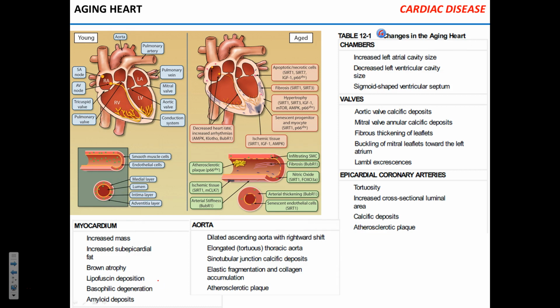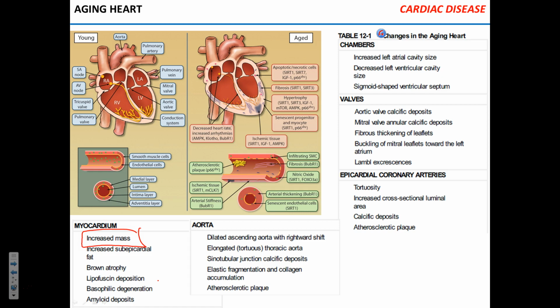Now, a few things that I want to highlight about the heart in older people. What happens to your heart when you become older and older? Not everything that I'm going to ask in the exam. What happens with the myocardium? It becomes thicker, which makes sense.